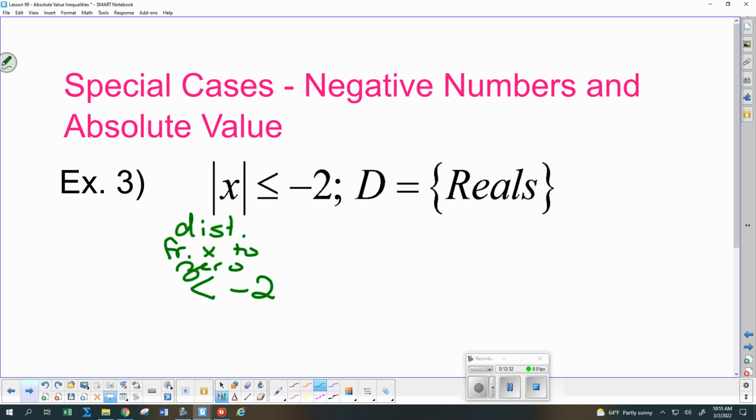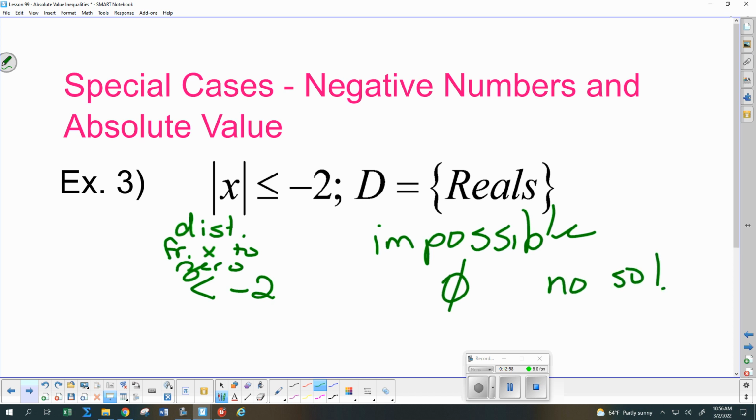Does that make sense to anybody? Can the distance be less than -2? Distances are always 0 or more, right? So that's nonsense. That's impossible. So my answer there is empty set or no solution, nothing to graph. Makes sense.